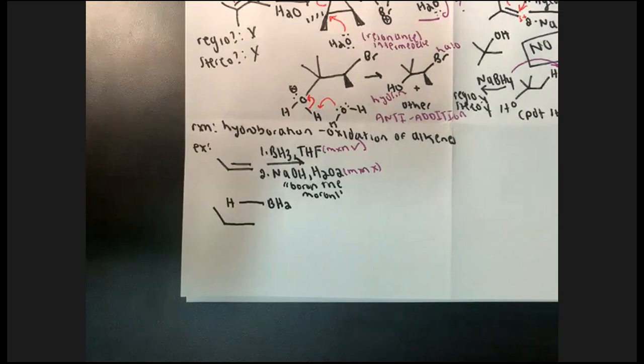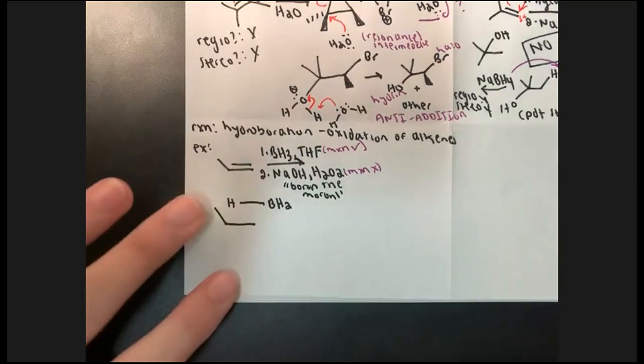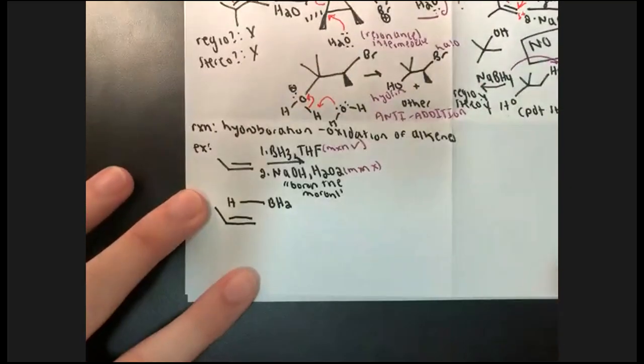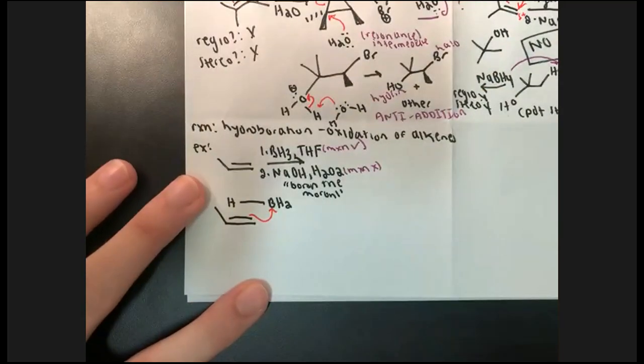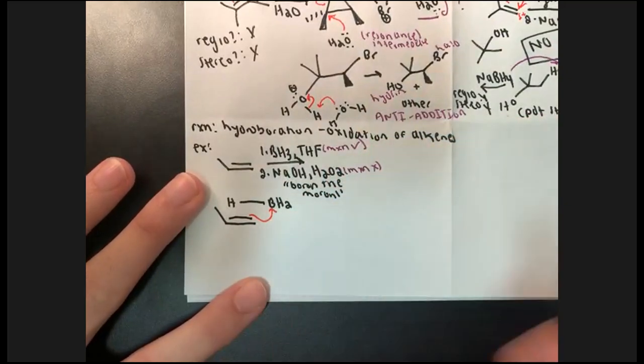So in terms of mechanistic step, oh, I need the pi bond. This nucleophilic pi bond is going to attack that electron deficient boron, right? And then that is sufficient enough, it's stable, so we don't really need to have 8 valence electrons. So this boron hydrogen bond is going to break and come back. And remember, this hydrogen is partially positive again. So that bond is going to break and come here and fix this.